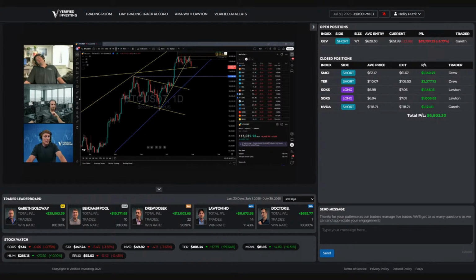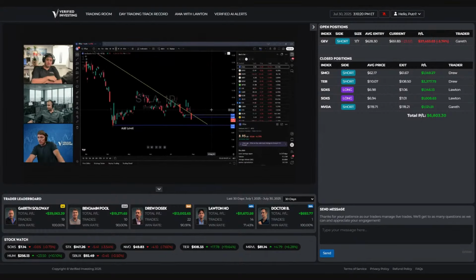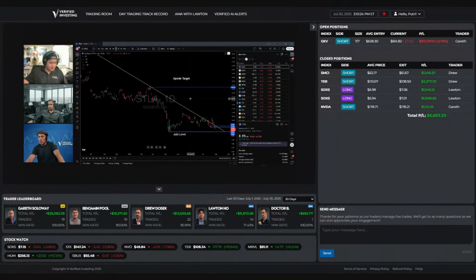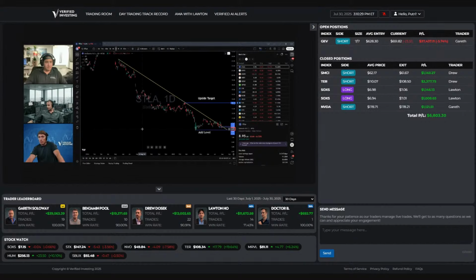Wow, look at STLA, Stellantis. Thing just keeps getting crushed. It's down 6.73%. Wow. This looked bullish. You've got this down sloping trend line that it broke, a pretty big, major down sloping trend line from May of 2024.